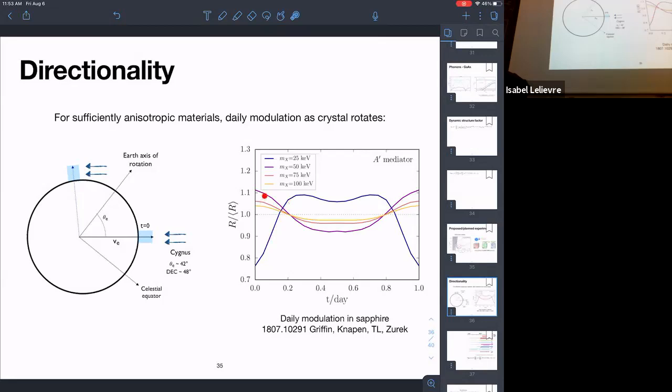You even get weird effects where the phase can flip depending on the mass of the dark matter, because you're allowed to couple to or excite different energy phonons. So you can get this phase reversal when the mass is low. So for sub-MeV, you get the directionality from phonon excitations, and for MeV and above, you can get it from the threshold for creating defects in a crystal, for instance.